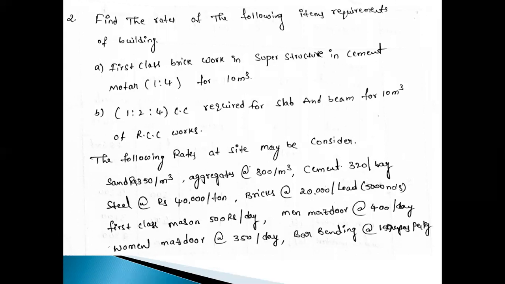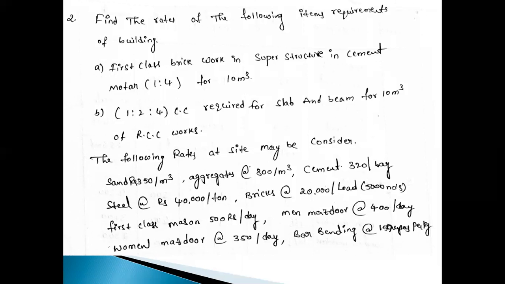First one is A, first class brickwork in superstructure in cement mortar 1:4 for 10 cubic meters. Second is 1:2:4 cement concrete required for slab and beam for 10 cubic meters of RCC works. So first, the brickwork is given, second one is the RCC work.